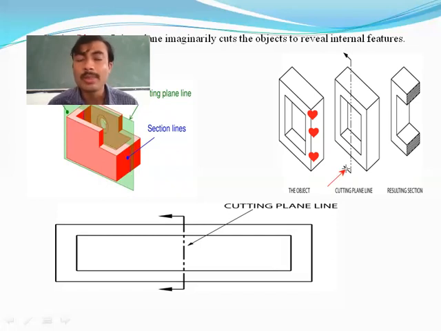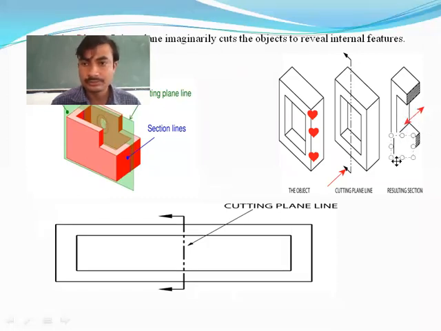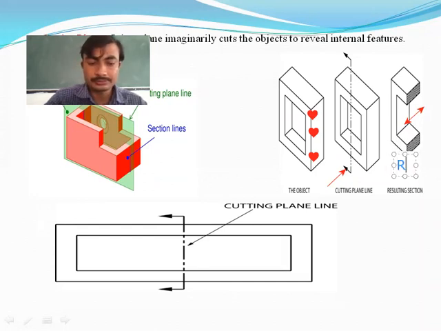One part is known as the removed part, the other part is known as the retained part. For the retained part, we do the hatching, that is known as a section. I'm going to denote the retained part by the double arrow mark, and give the text for that. This is our retained part.